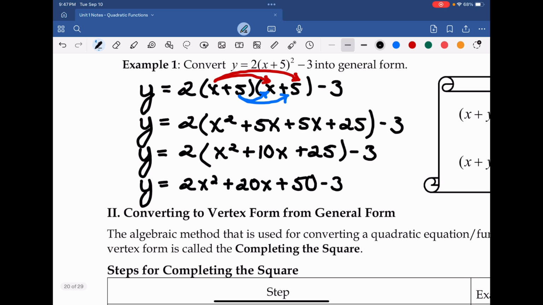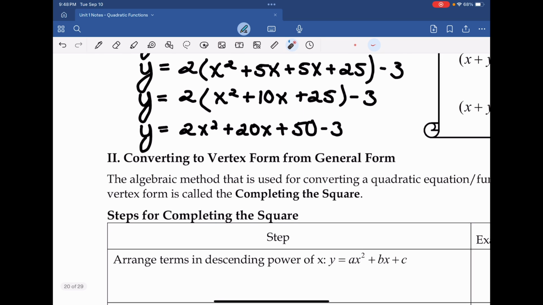The very last step here would just be to connect these two constant terms. So rather than it being 50 minus 3, we could make this 47. I'll do that right in the line below. So this is equal to 2x squared plus 20x, and then plus 47.